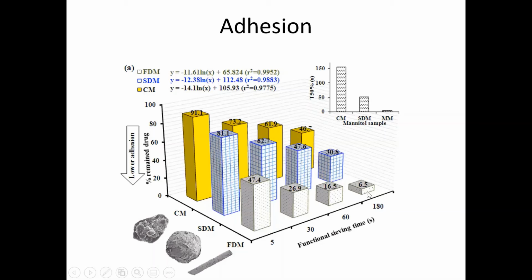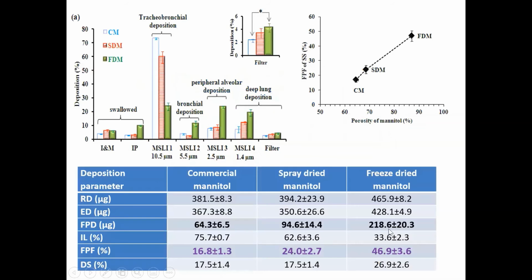After 3 minutes, only 6.5% is left on carrier surfaces which contain freeze-dried mannitol, whereas commercial mannitol is still around 50%. You will see drug attached to carrier surfaces. That means the drug detachment is not very easy from a commercial mannitol. But using freeze-dried formulations, you can make it easier.